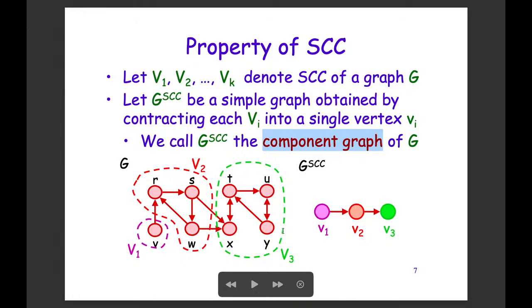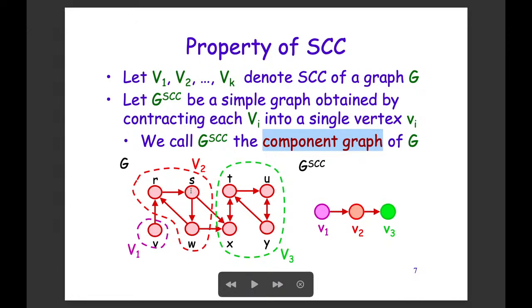First of all, we see that there is a green component here, and a red component here, and red points to green. Let's say there is a vertex with the largest finishing time here. Then we ask, what will happen for this vertex?